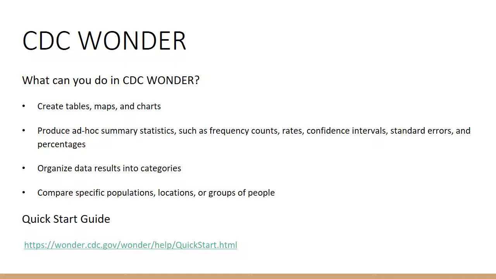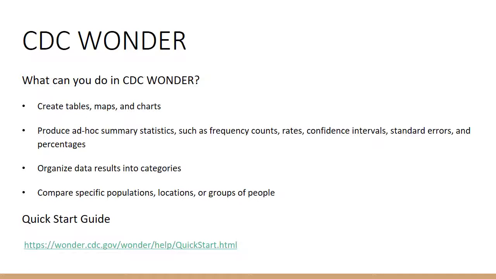Some things you can do in CDC Wonder include creating tables, maps, charts. You can produce summary statistics, including frequency counts, rates, confidence intervals, standard error, percents, all these things we've talked about through the semester.